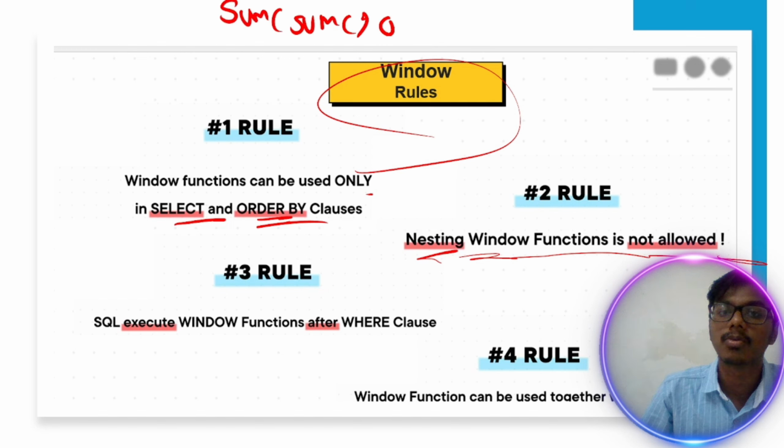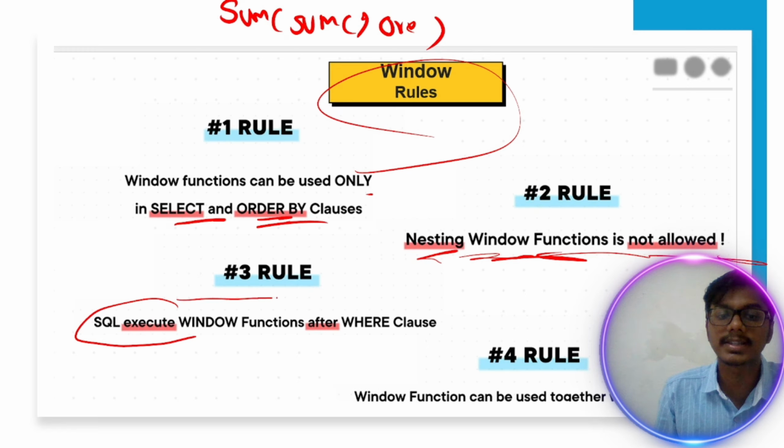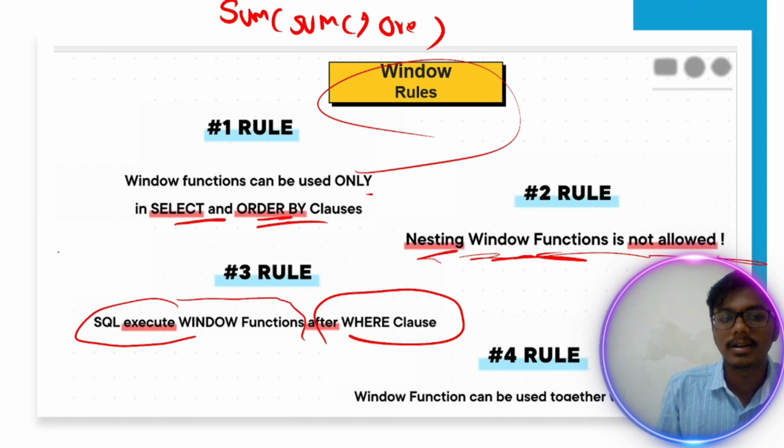The third rule is that SQL executes window functions after the where clause.